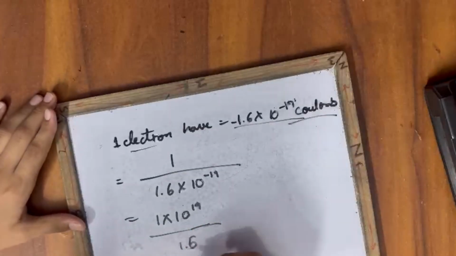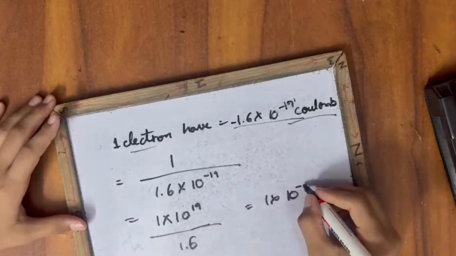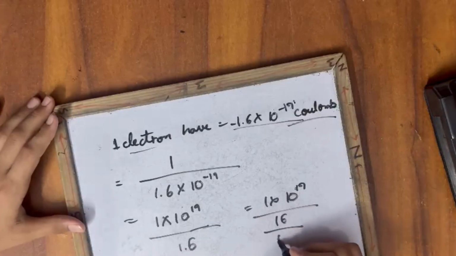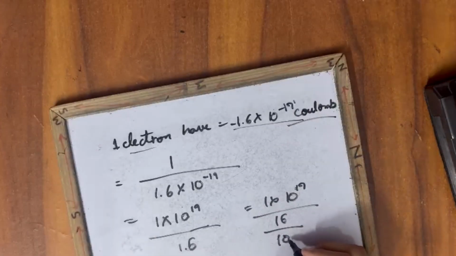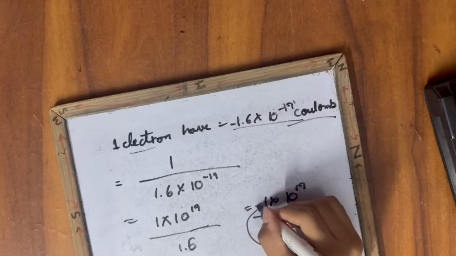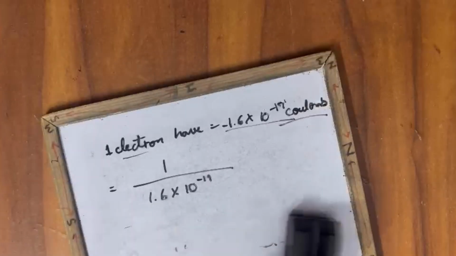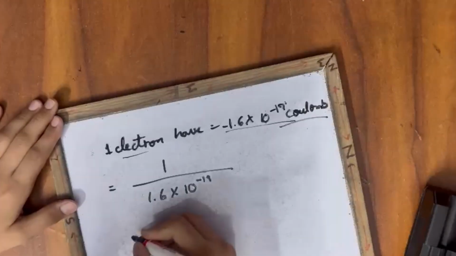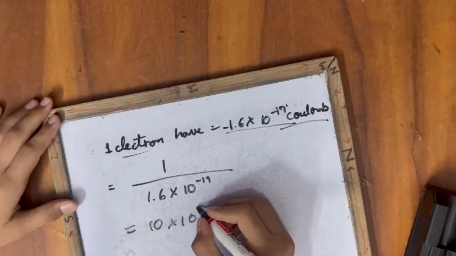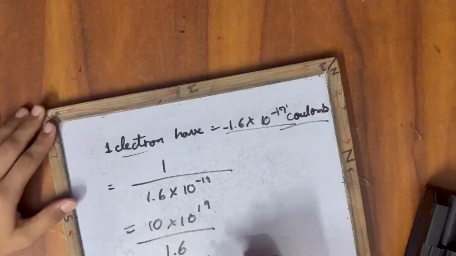It can also be written as 1 into 10 raised to 19 upon 1.6, and 10 goes up, so it will be 10 into 10 to the power 18 upon 1.6.